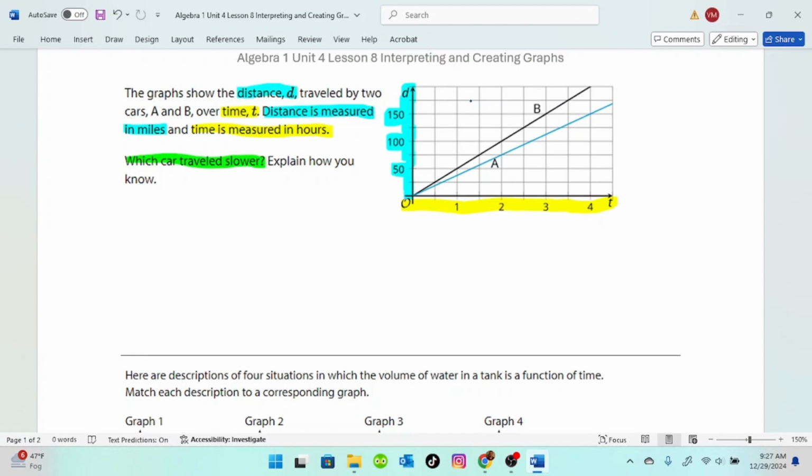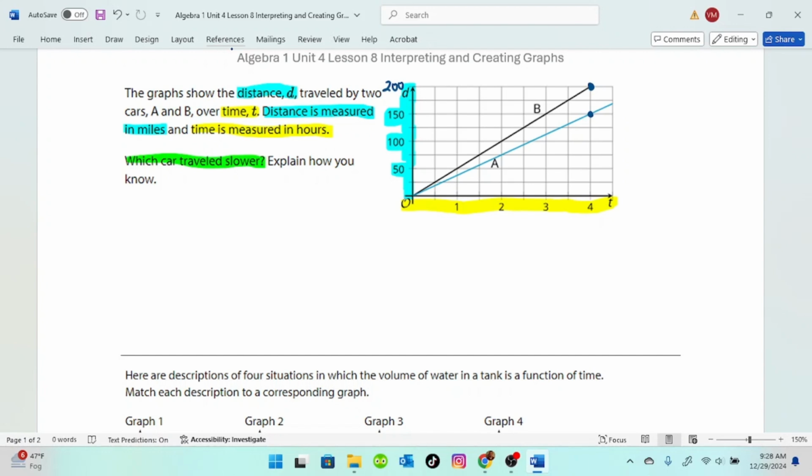So what I will do is pick right here at 150, and I will pick the point right here at 4. This would end up being 200.